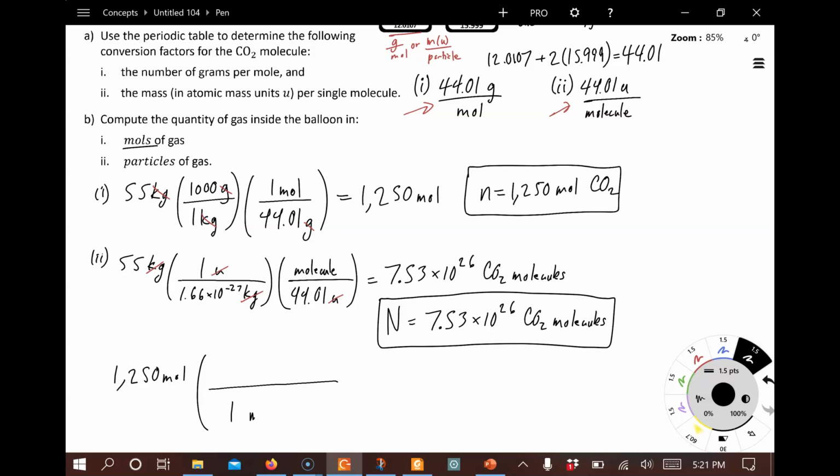So 1 mole is equal to 6.02 times 10 to the 23rd particles, and these particles are molecules. If you do that calculation, you'll see that you end up getting the exact same number as we got in the previous way of doing it. So either way, we can get the correct answer here.